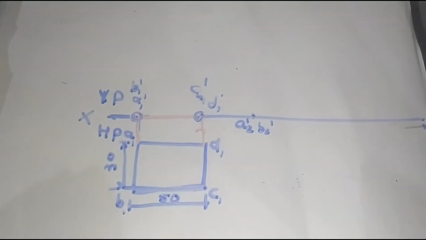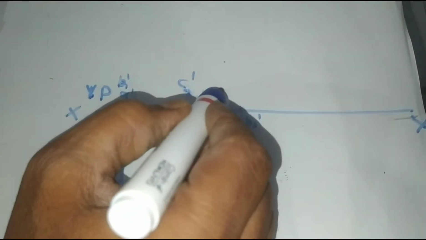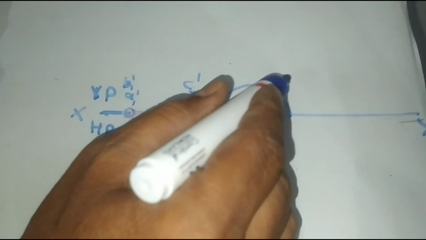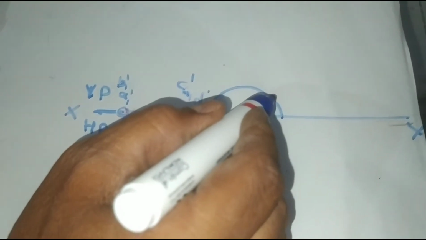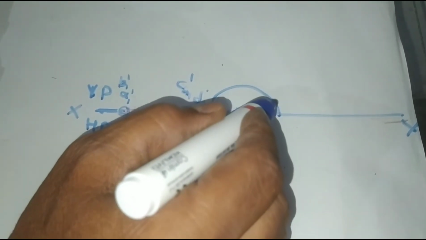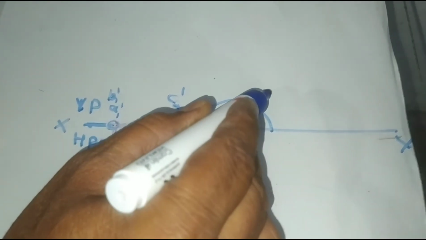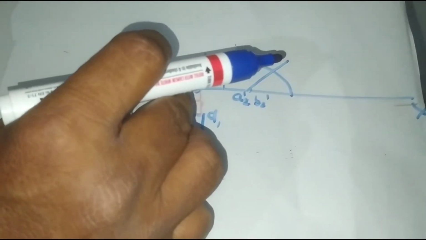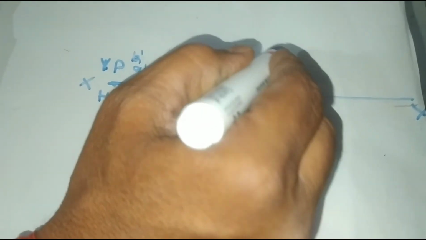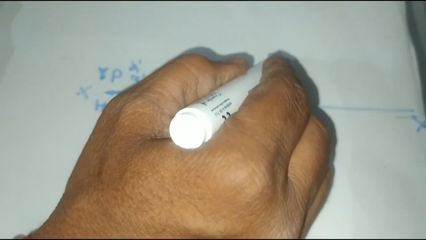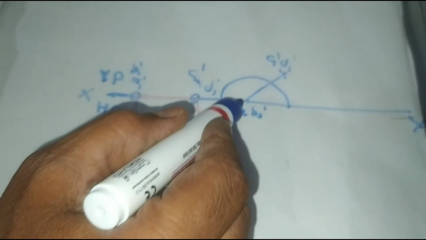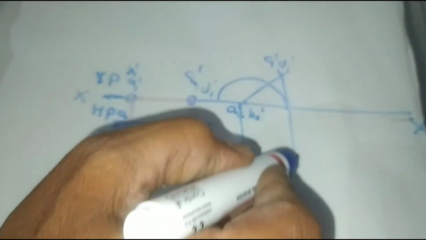It is inclined, so we will take the protractor here. Inclined at how many degrees? They have given 50 degrees. We have to mark it here and draw it here. We take the same length and mark it here. This is C2 dash and D2 dash. Draw the projections here.